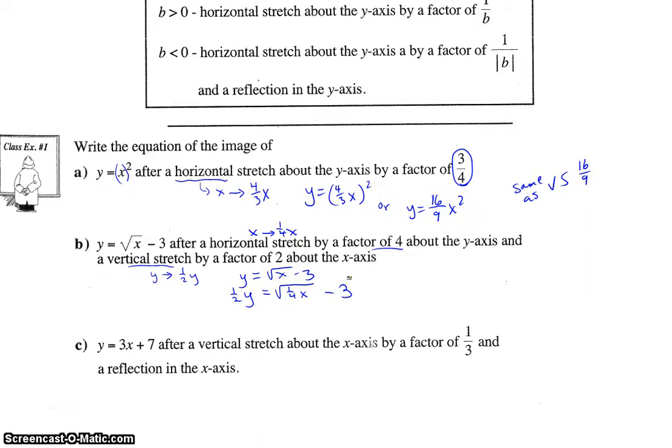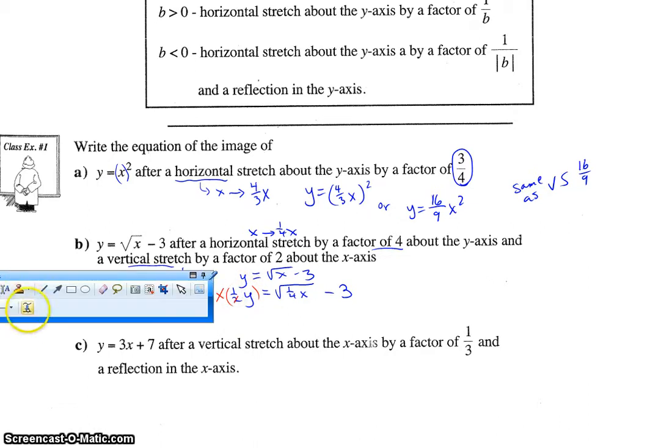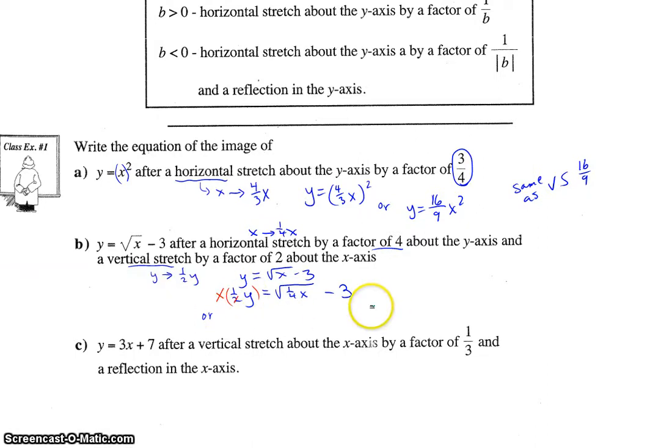And there we go. We could leave it like that, or we could isolate the y and multiply. How would we isolate the y? We could either divide by a half, or easier would be to multiply by 2. And that would get rid of that. Hang on one second. So we multiply both sides by 2.